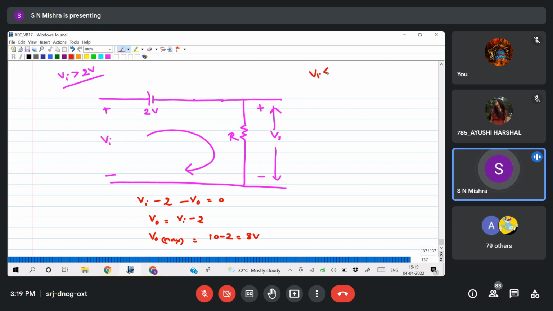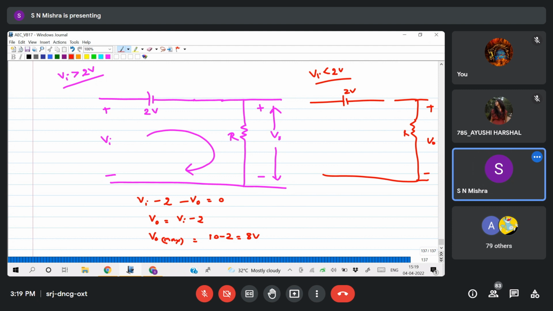When Vi is less than 2 volt, the voltage source remains the same, the diode will be open circuit, then the resistor, then V0. Current is 0.